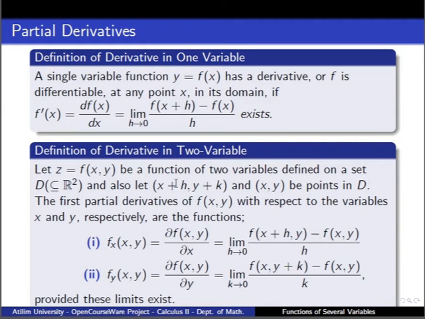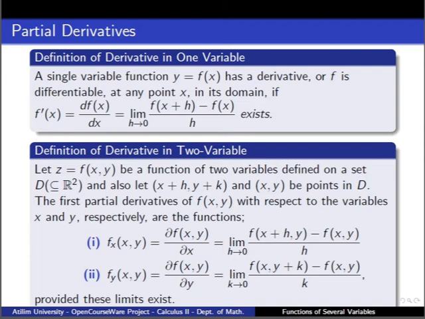So for the functions of single variables, we use df over dx, but for the partial derivatives, we use del f over del x. So d and del are used for different purposes in the differentiation.